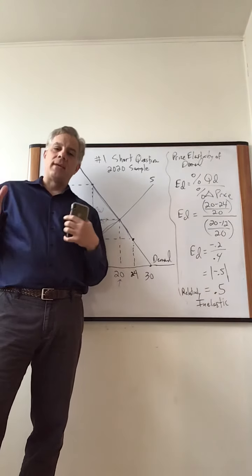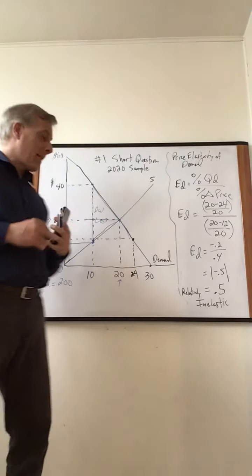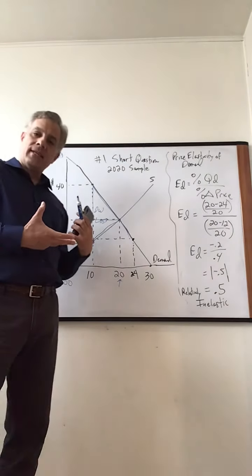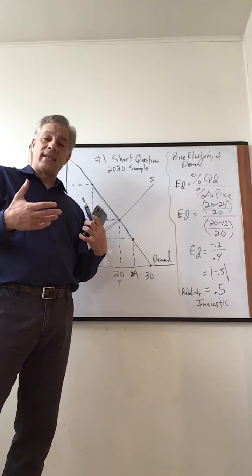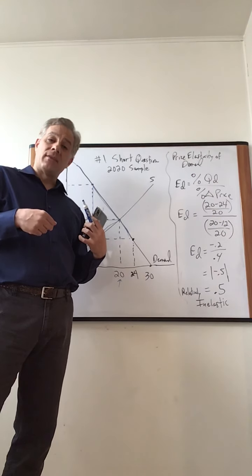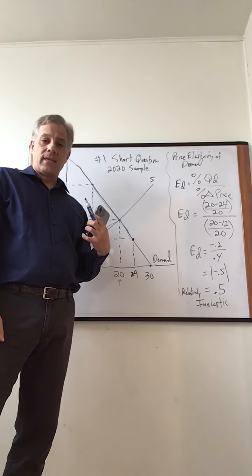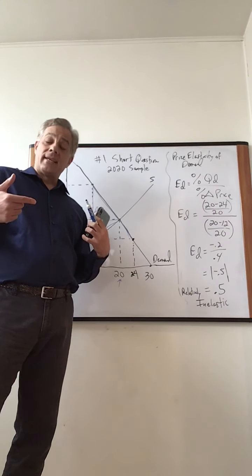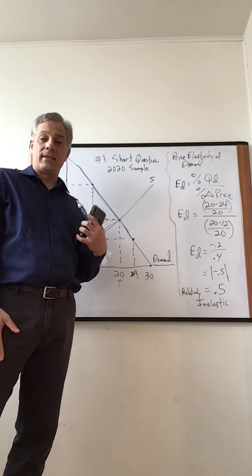Remember, they love the total revenue test. Okay, that if it's inelastic, price and total revenue go in the same direction. Okay, if it's elastic, price and total revenue go in opposite directions.